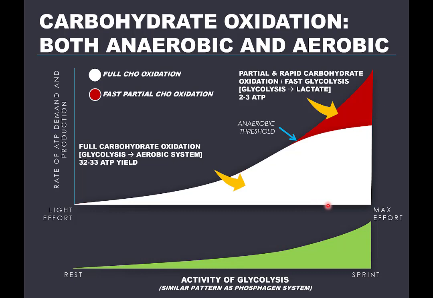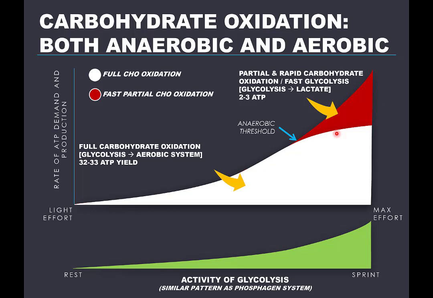But then as intensity exceeds the anaerobic threshold, we now have a shift in carbohydrate, or simply glucose 6-phosphate, oxidation. As you can see by the white curve, most of the glucose 6-phosphate that is available will undergo full oxidation through glycolysis, followed by the aerobic system.